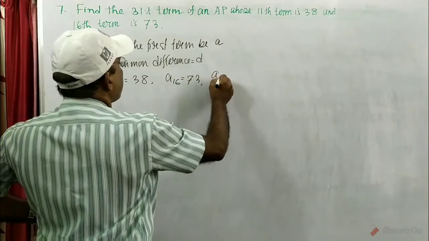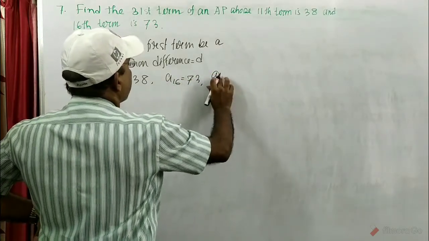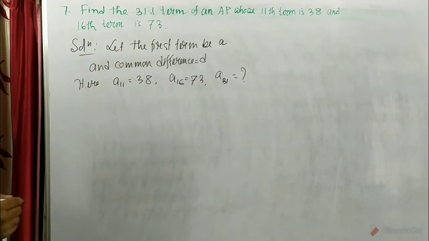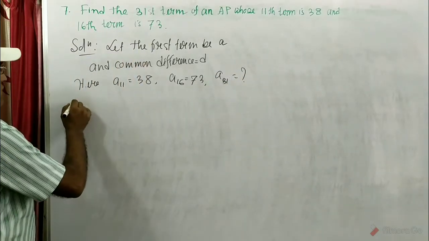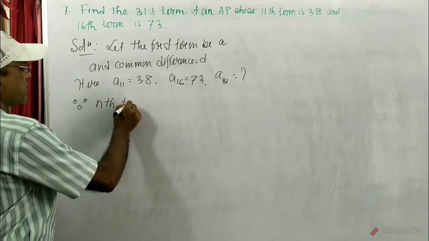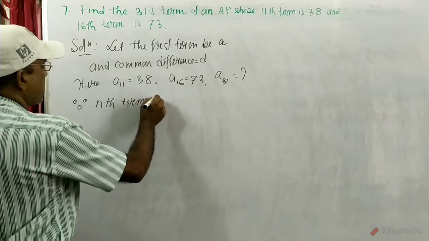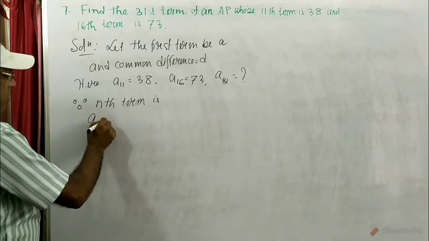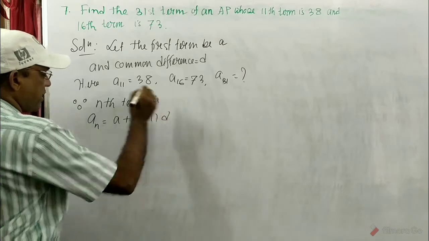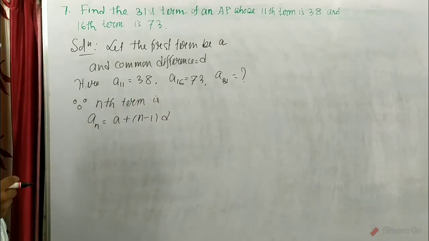Now our requirement is a31. We want to find the 31st term. Since we know the nth term is an equals a plus (n minus 1) into d. This is our nth term.